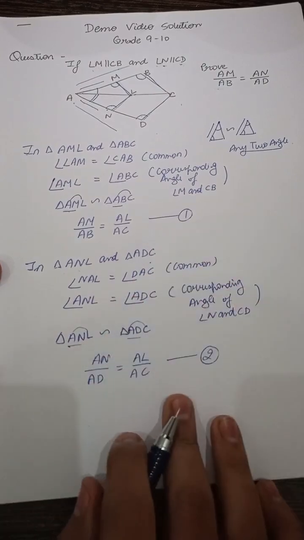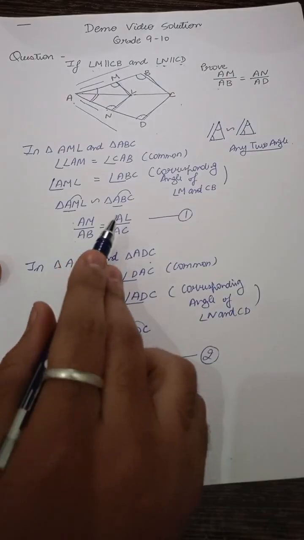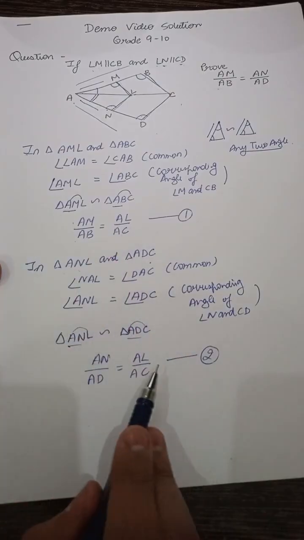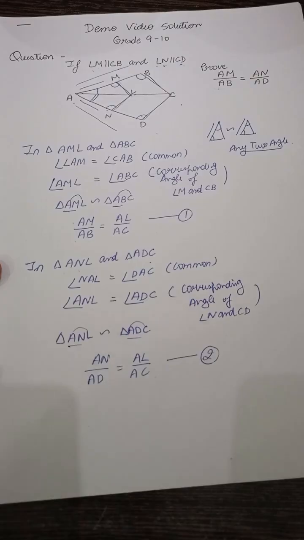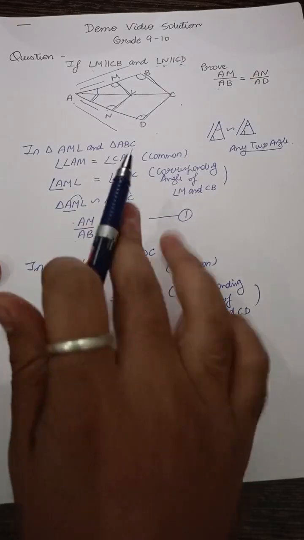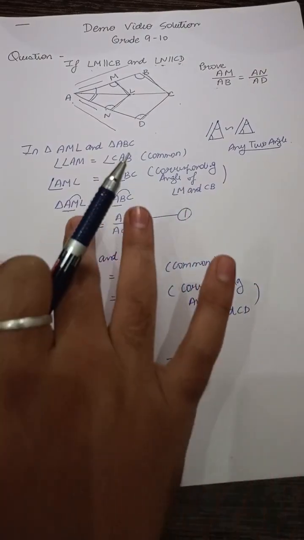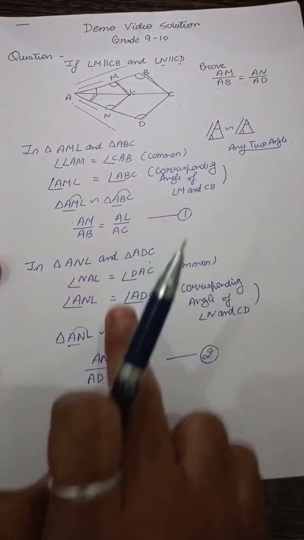Now in the first one, and in the second one, we see that AM upon AB is equal to AL upon AC, and AL upon AC is also equal to AN upon AD. They are both the same. So I'm going to hide this part and say they are equal, as they are both equal to AL upon AC.